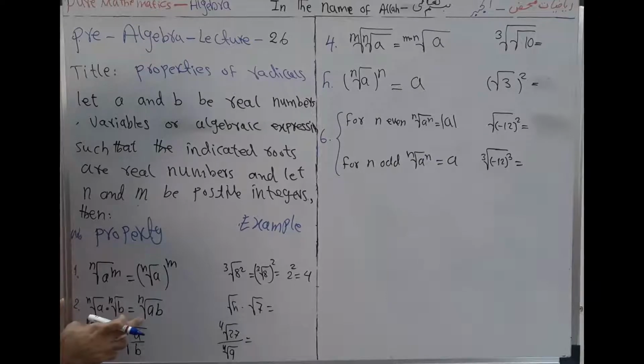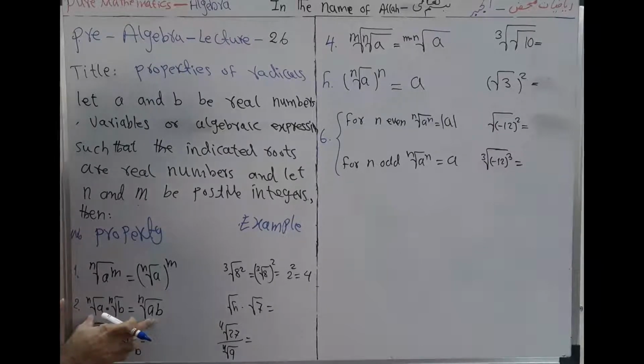We write one radical with the same index, then we multiply the radicand a by radicand b. In division we also have the same rule: n root of a over n root of b is equal to n root of a over b.